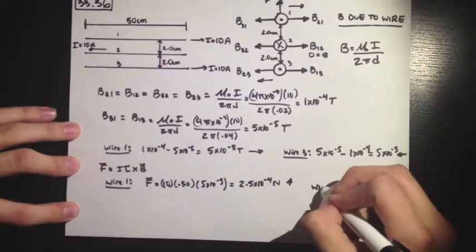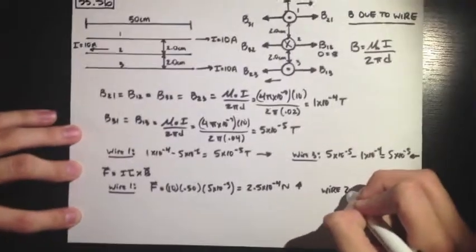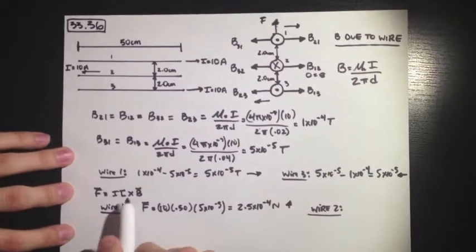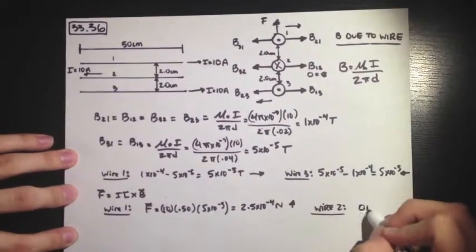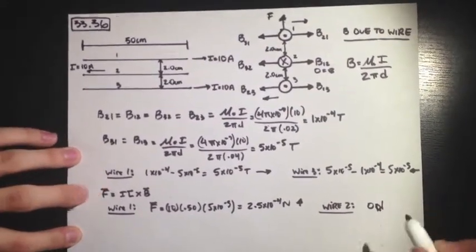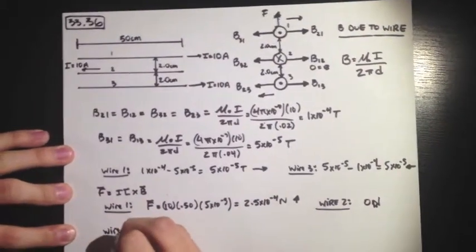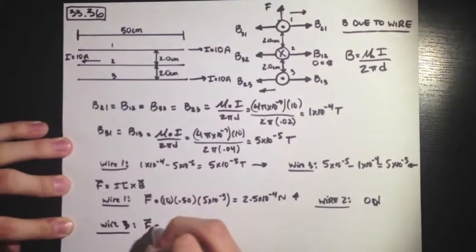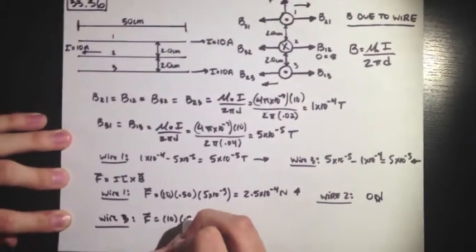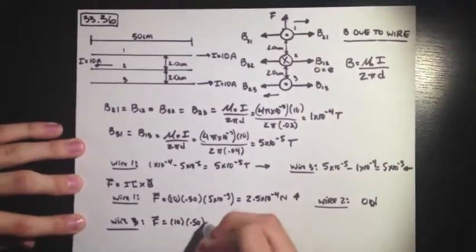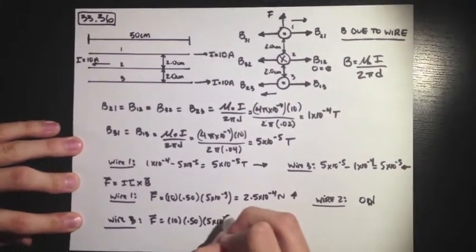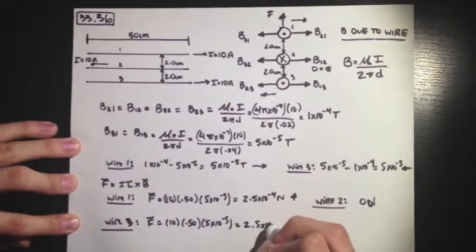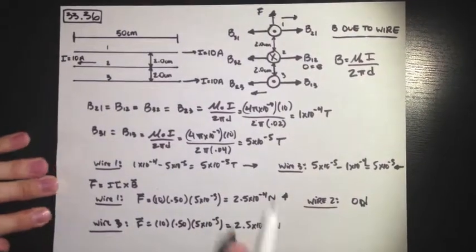Wire 2 we know is now 0 because B is 0, and so when you cross something with a 0, you just get 0 newtons for the force. Now wire 3 is again non-zero, so the force here is equal to 10 amps times 0.5 times 5 times 10 to the negative 5th, and that obviously is the same answer, but we have a different direction. We'll show you here using the right-hand rule.